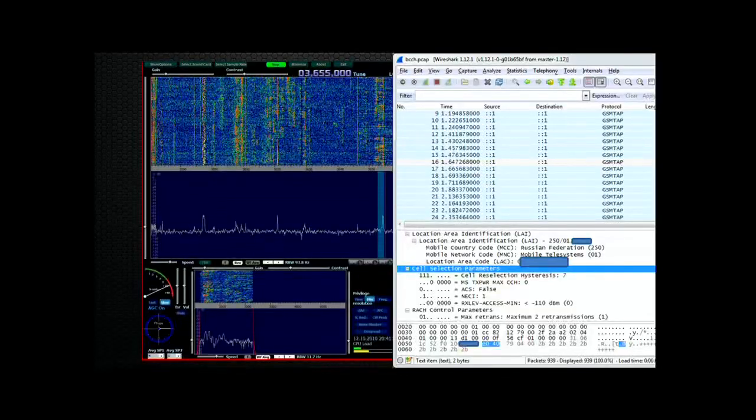If we use SDR, what is the outcome? The outcome will be a spectrum and broadband channel. SDR cannot communicate with the base station. But there's another strong point with SDR, because we can view the spectrum.